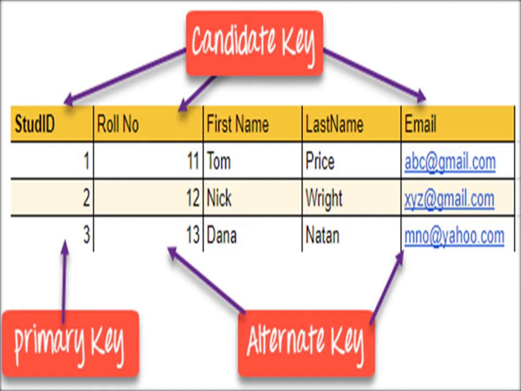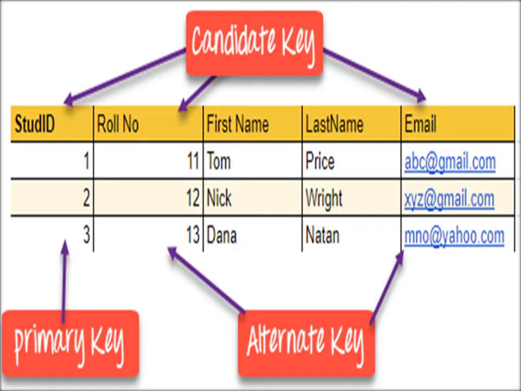Now, as you are aware of the concept of primary key, a field which does not have a duplicate value or a null value, we can choose as a primary key. So here student ID, roll number, and email, these three are qualified to be a primary key.